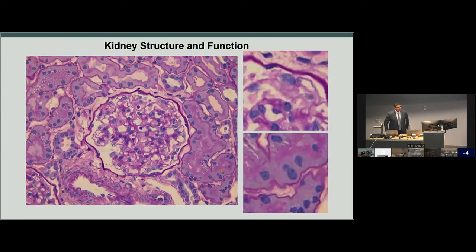So I titled this talk Kidney Structure and Function of the Genome, right? And as a pathologist, this is what I look at every day. We're always thinking about kidney structure in terms of the biopsy that we see, and we try to correlate that with dysfunction that our patients might be manifesting.